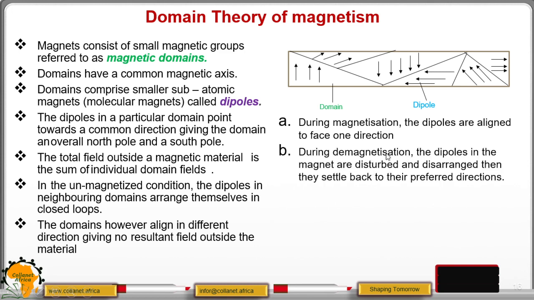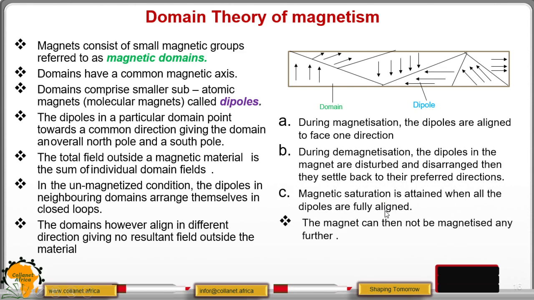But during demagnetization, that is the destruction of a magnet, the dipoles in a magnet are disturbed and disarranged, then they settle back in their preferred different directions, and therefore we say that the magnetism is lost.